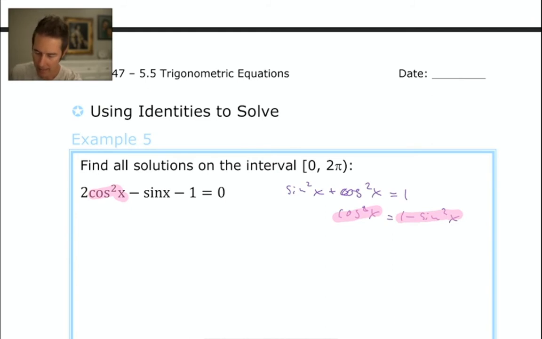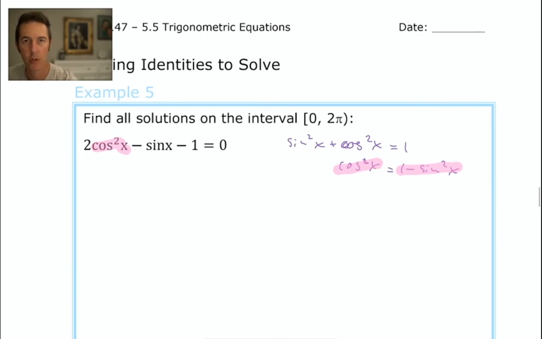And when I make that substitution, I'm going to use parentheses. And in this case, it's important that we do that. So let's do it. Here's the 2, here's the parenthesis, and my 1 minus sine squared x, close, minus sine x was already there, minus the 1 that was already there, still equals 0.